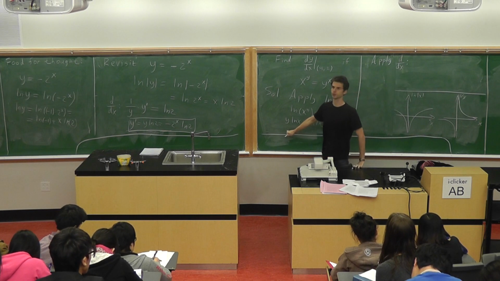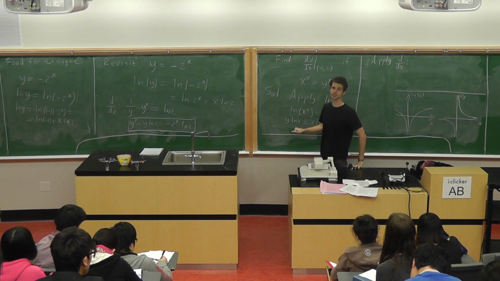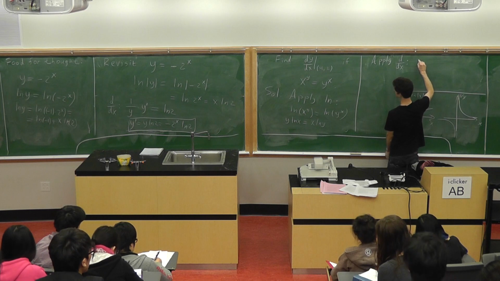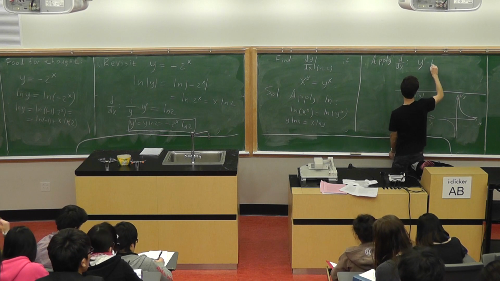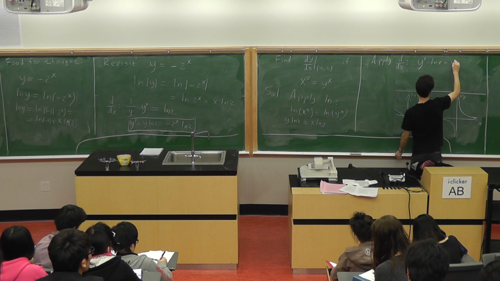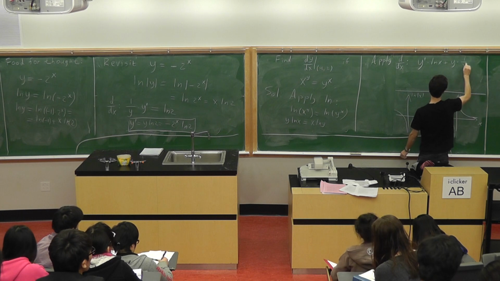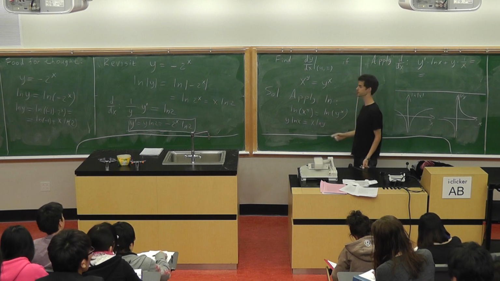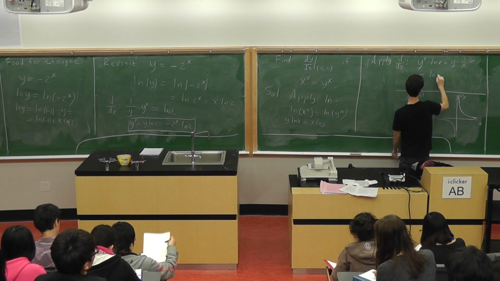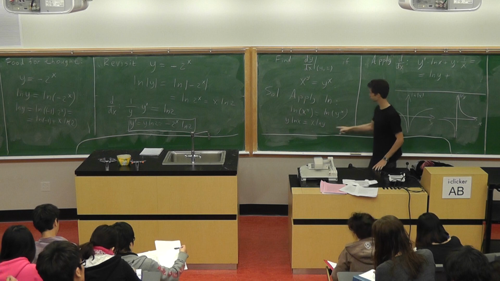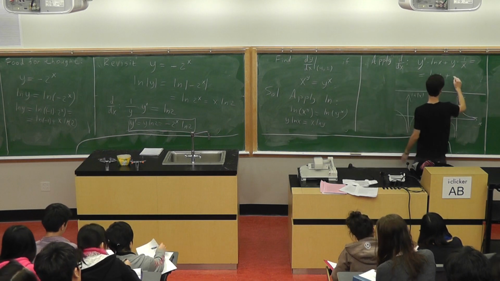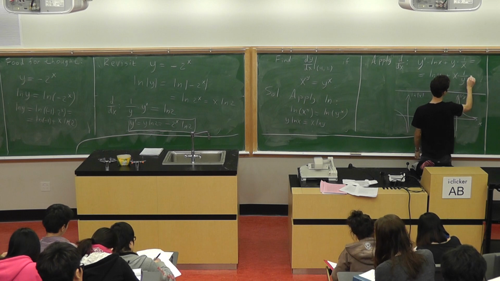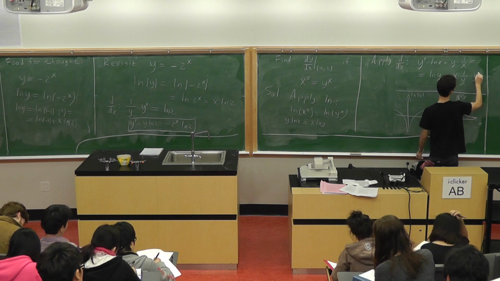We want to find some relation between x, y, and the derivative. Okay, so when I find the derivative of the left side, I apply the usual product rule. So it will be derivative of y times ln x plus y times derivative of ln x, which is 1 over x. On the right side, I will have derivative of x times ln y plus x times derivative of ln y. Derivative of ln y is 1 over y times y prime.